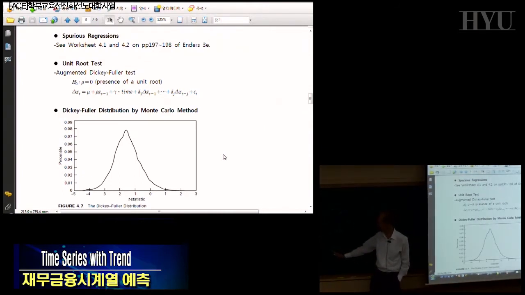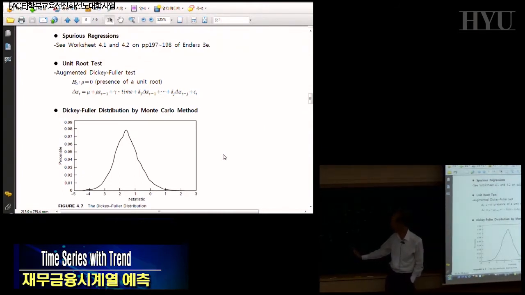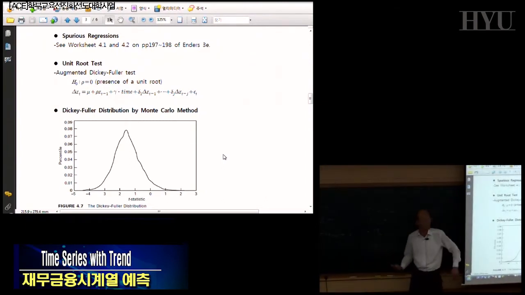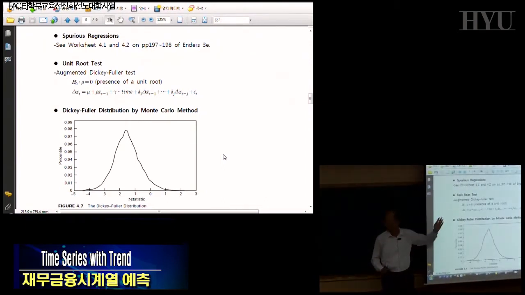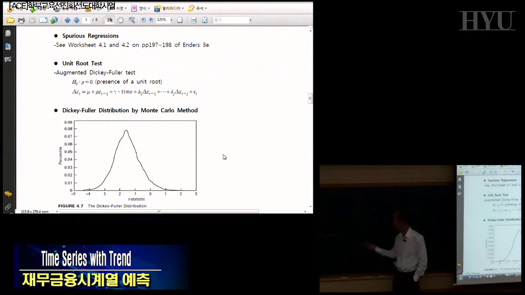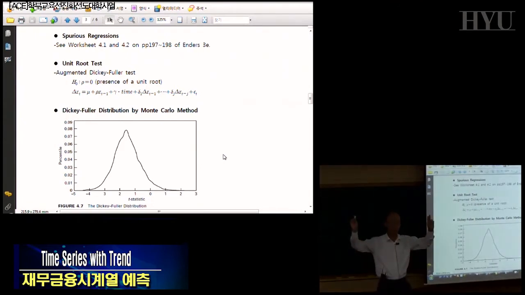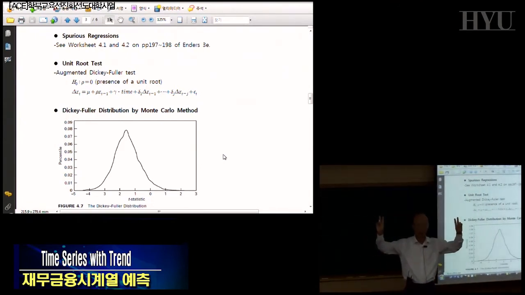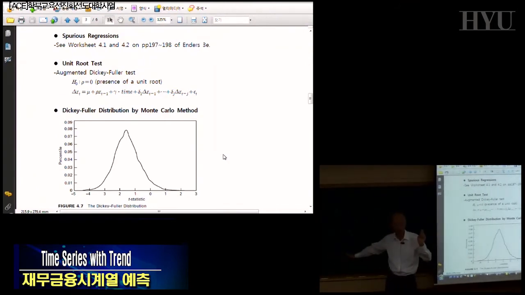So if you have this, whether it belongs to this class or that class, this is the right statistic, right? So suppose you have found two particular series, both belonging to I(1). Okay.